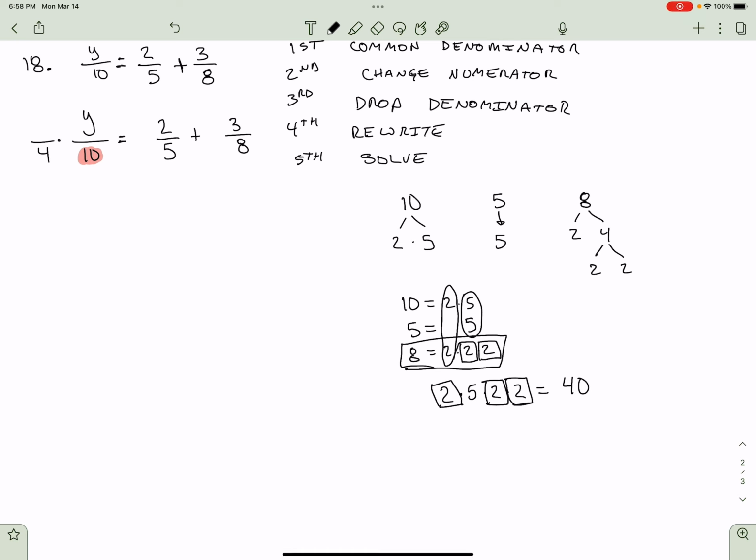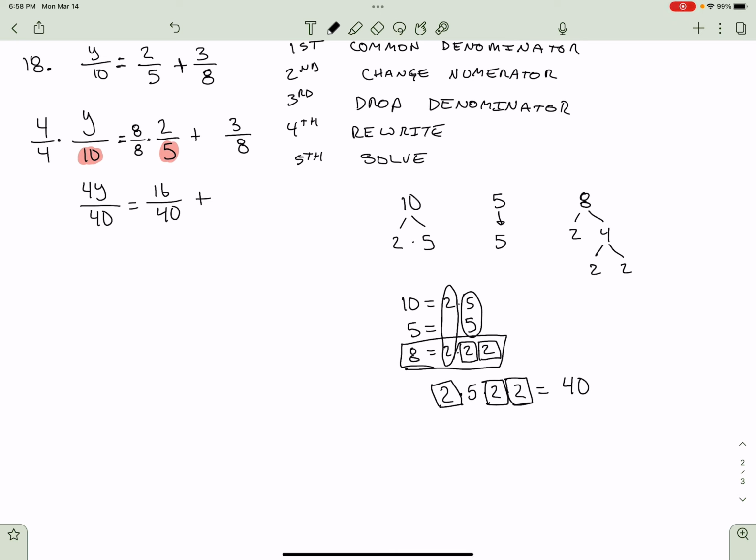But to not change the fraction, to keep it as a value of 1, we have to say 4 over 4. So this is going to be 4y over 40. All right, what about the 5 right here? We have to multiply that by 8, right? So 8 over 8. Which means we're going to get 8 times 2, which is 16 over 40.